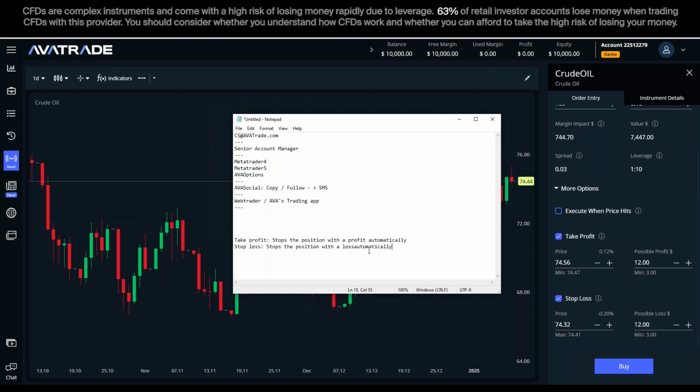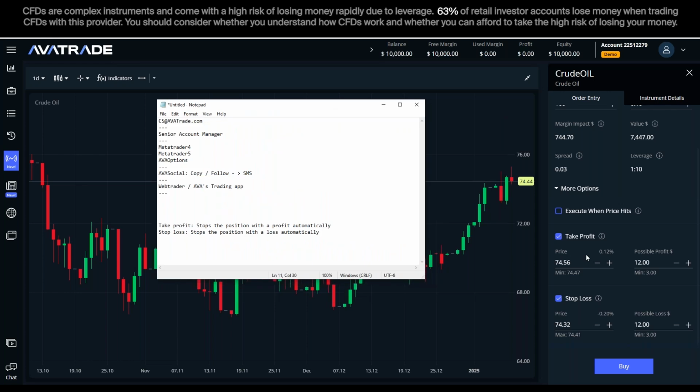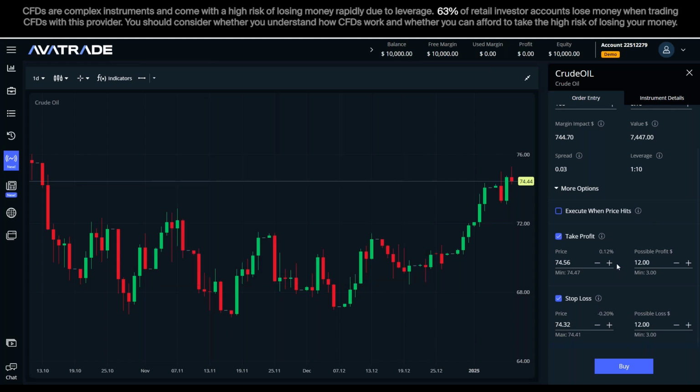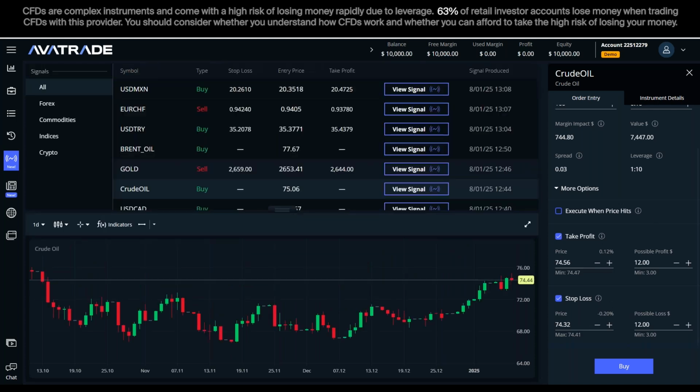That's the important part. Automatically, that means I don't have to be by the computer to close the trade. It happens automatically. I mark those levels, and once it gets to those levels, it will close the position automatically, and I will have my profit or loss.